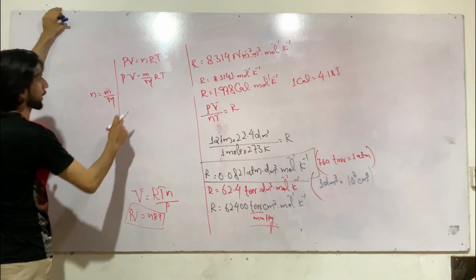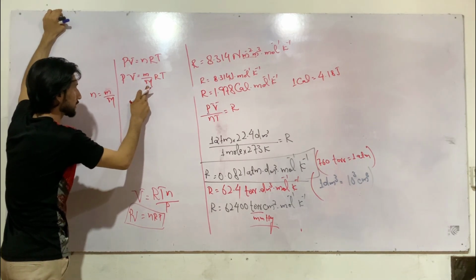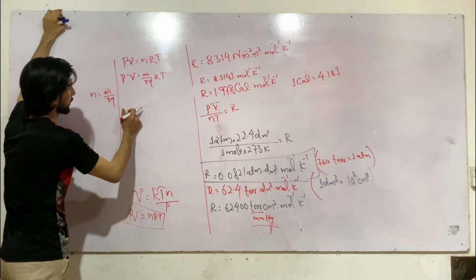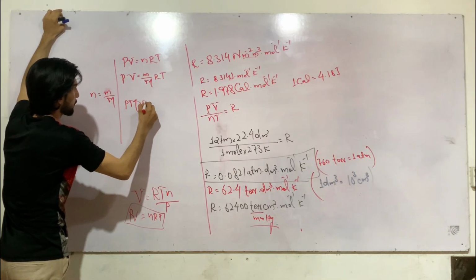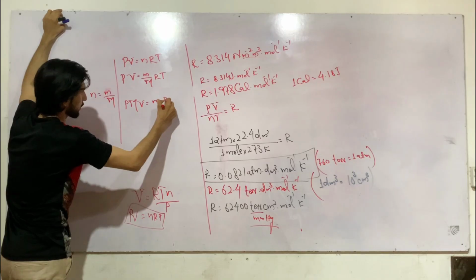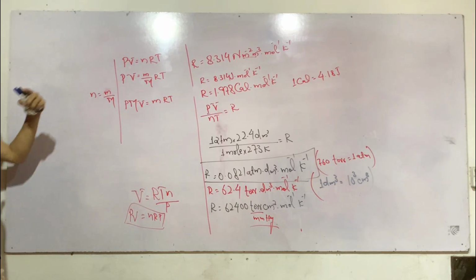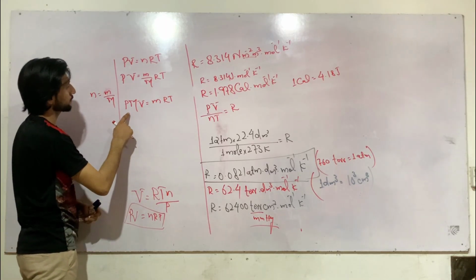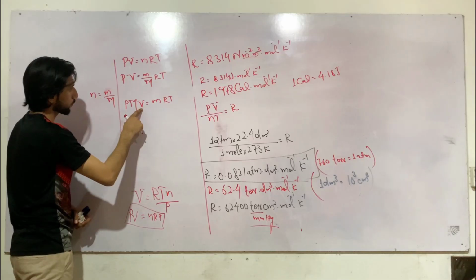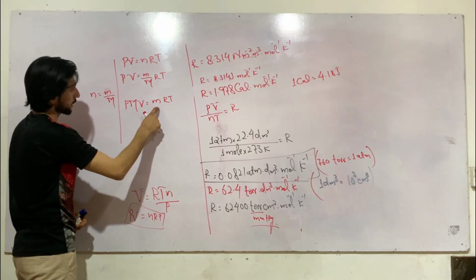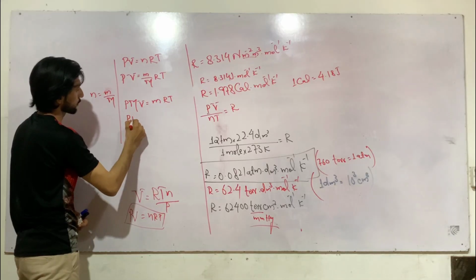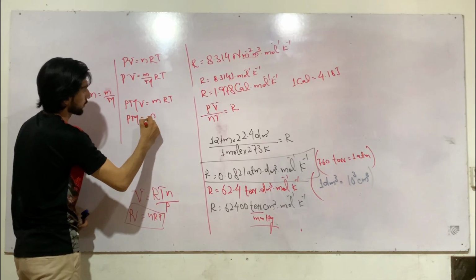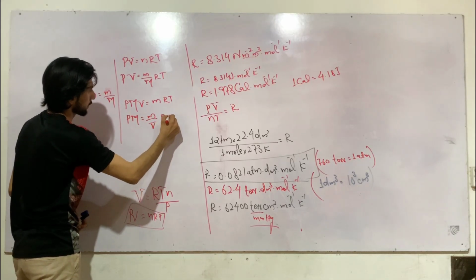Now I want to shift this molar mass to the other side of the equation. So this side becomes PM, and the other side is small m over V times RT. Now I want to shift this volume to this side of the equation. Here it is in multiplication, so it will go into the denominator. So PM equals m over V times RT.